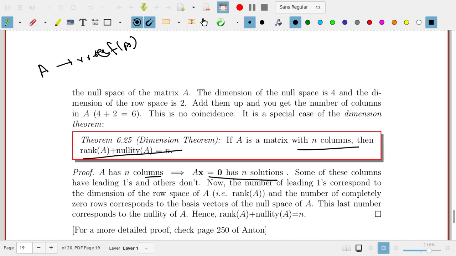And those with the leading ones correspond to solutions without parameters, and the columns without leading ones correspond to free parameters, right? So the number of leading ones plus the number of free parameters should give you n. Now the number of columns with leading ones gives you the rank of A.